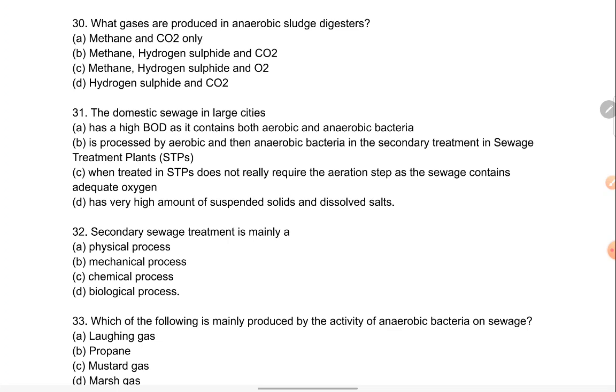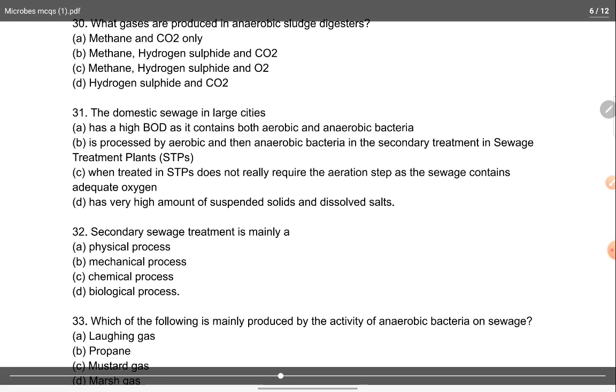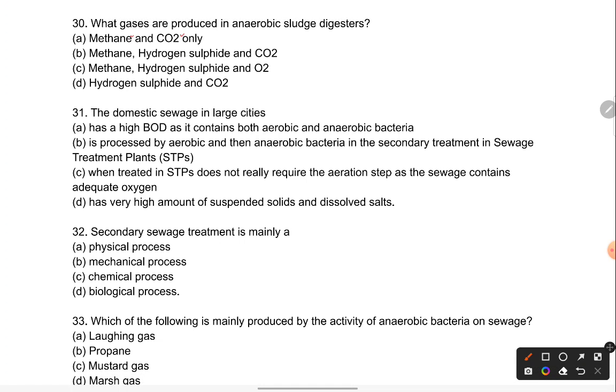What gases are produced in anaerobic sludge digesters? In anaerobic sludge digesters, methane is produced, carbon dioxide is also produced. Methane correct, carbon dioxide correct. But see the second option, methane, hydrogen sulfide, carbon dioxide. All these three are also right.